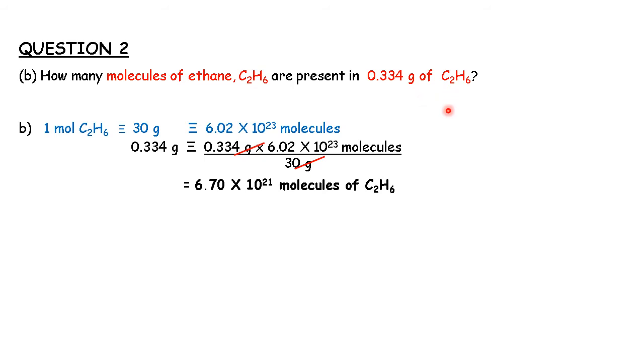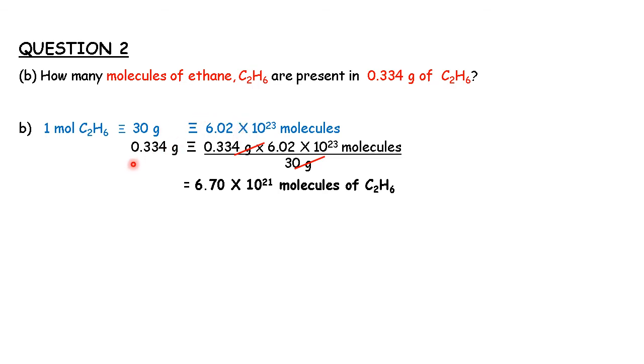The molar mass of ethane equal to 12 times 2 plus 6 equal to 30 gram. 1 mole of ethane equal to 30 gram. At the same time, 1 mole of ethane equal to 6.02 times 10 to the power of 23 molecules. So this is the relationship between mass and number of molecules.